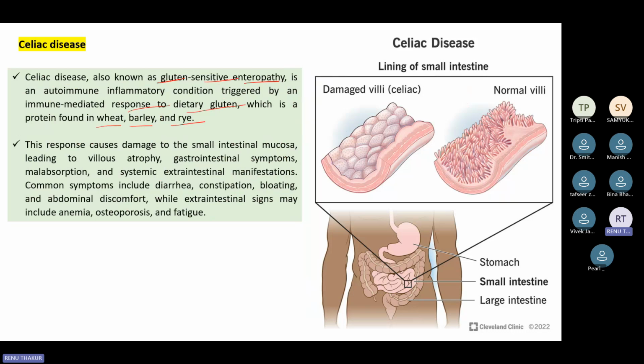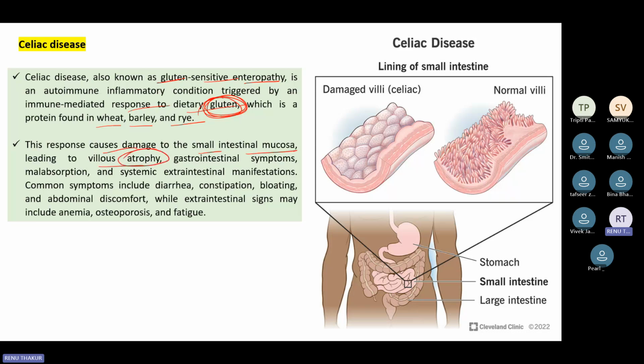And if we talk about the normal Indian diet, wheat, barley, rye are all very staple foods of our country. When you have celiac disease, you will not be able to tolerate this gluten, which is a protein found in all these cereals. Now the response causes damage to the small intestinal mucosa, leading to villus atrophy.